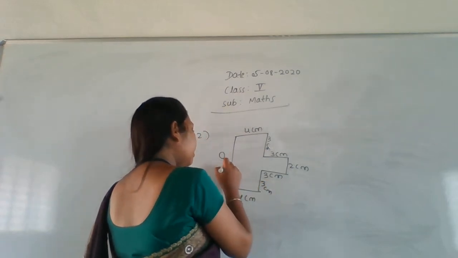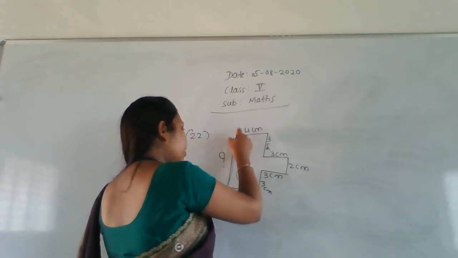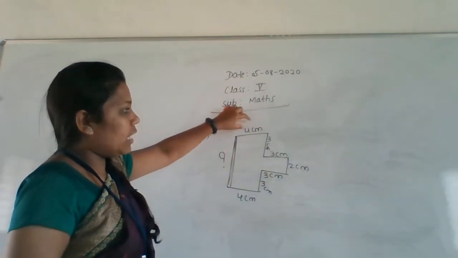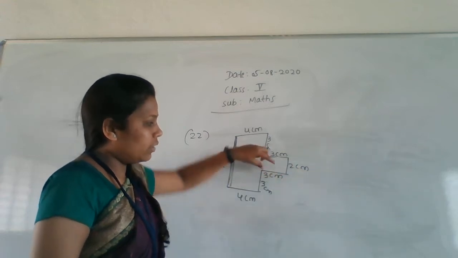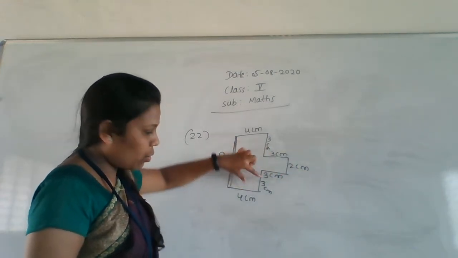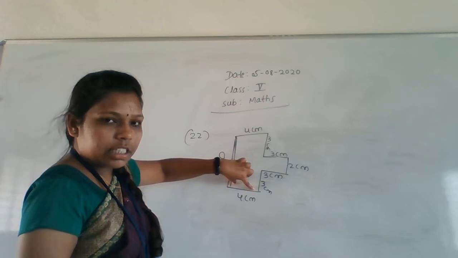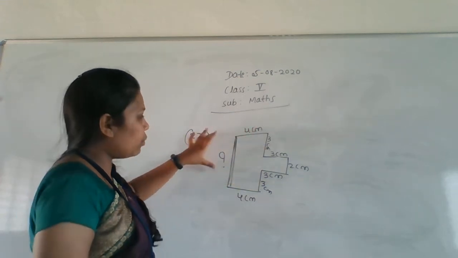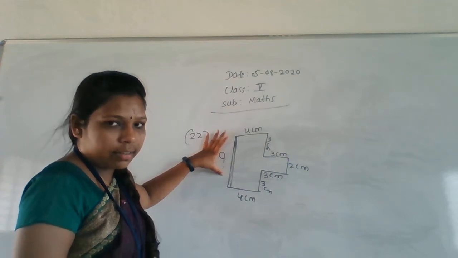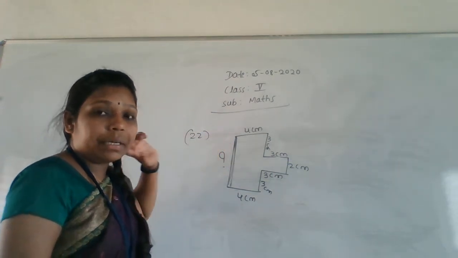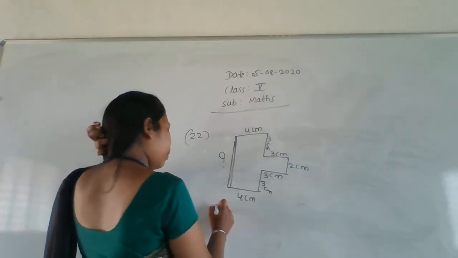And you have to find the value of this. Right? They have given this value, and this one, and this length. This portion they have given the length, but you have to find this length. What is the length of this side? They asked. But the given perimeter is 29.